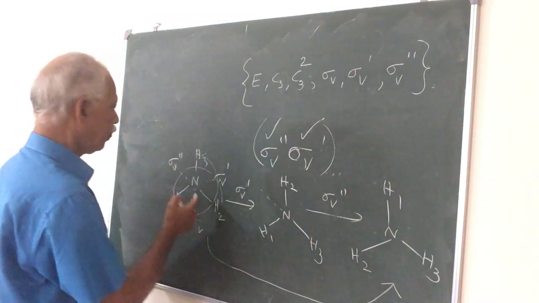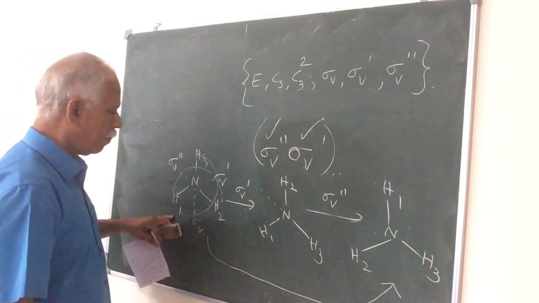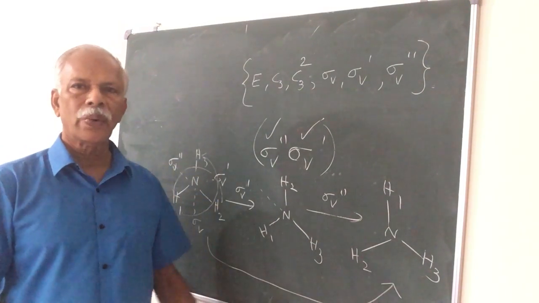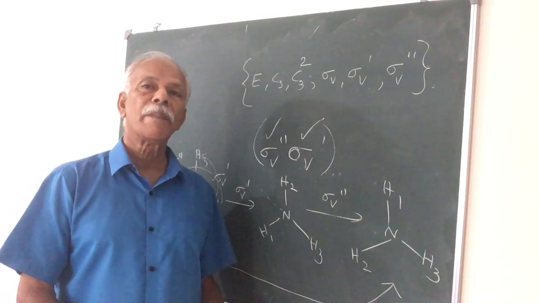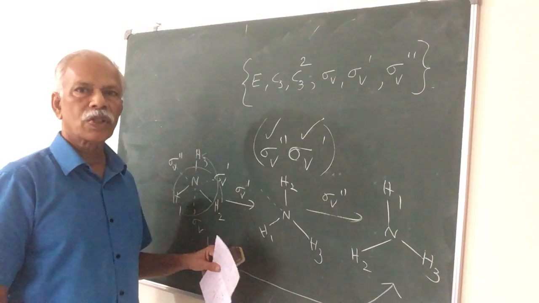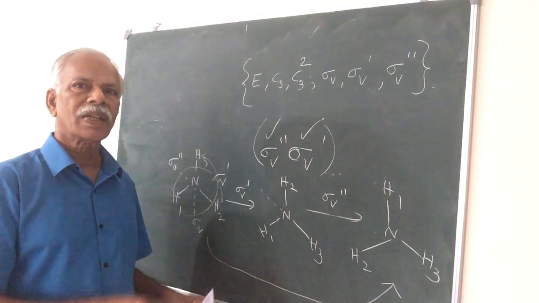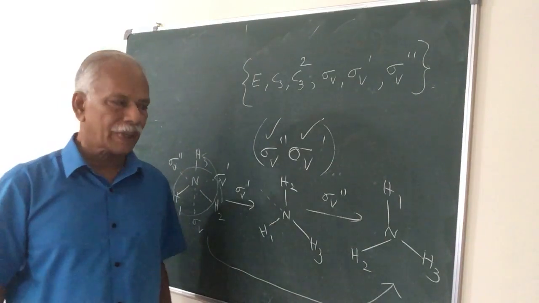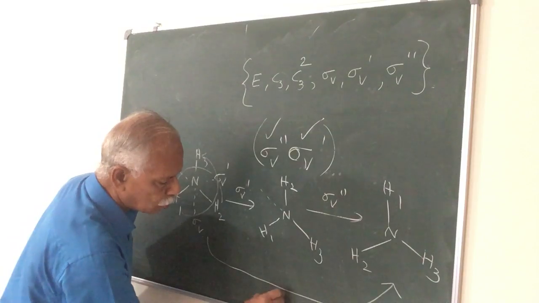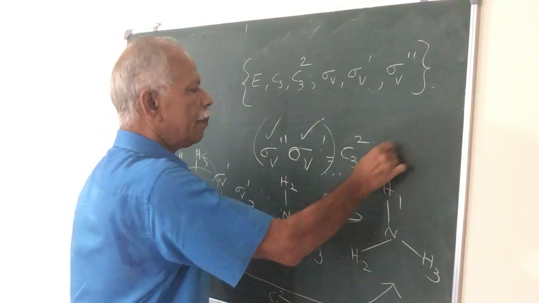H3 has come to this side. So every hydrogen atom in the final look of the molecule has been turned by 120 into 2, that is 240 degrees. And 240 degree rotation involves two 120 degree rotations, which we have been calling the notation C3 squared. So we got this result as C3 squared.